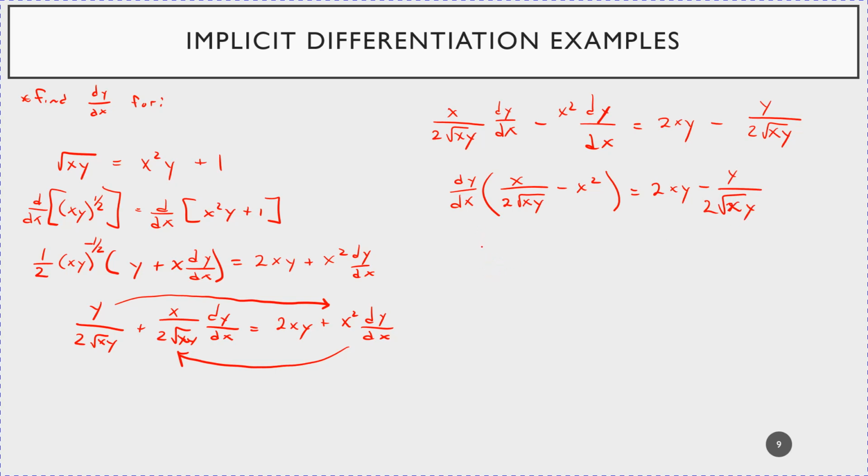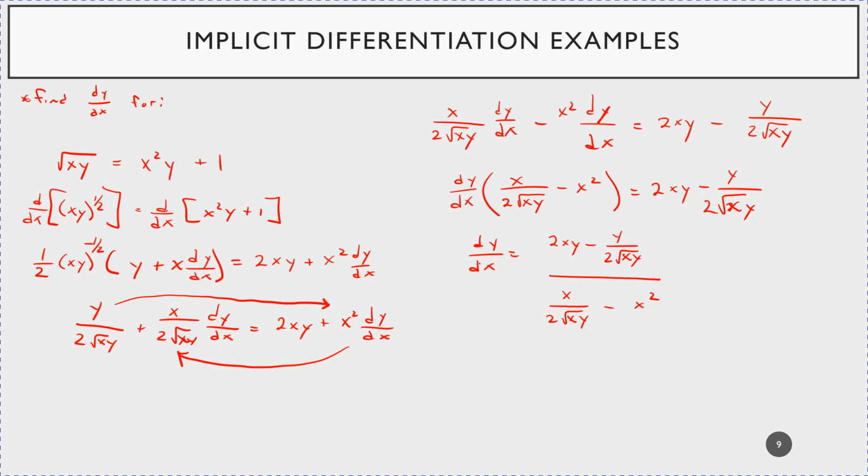Then from here, I got to divide this over. So dy/dx is equal to this, (2xy minus y over 2 square roots of xy), divided by all of this, (x divided by 2 square roots of xy minus x squared).